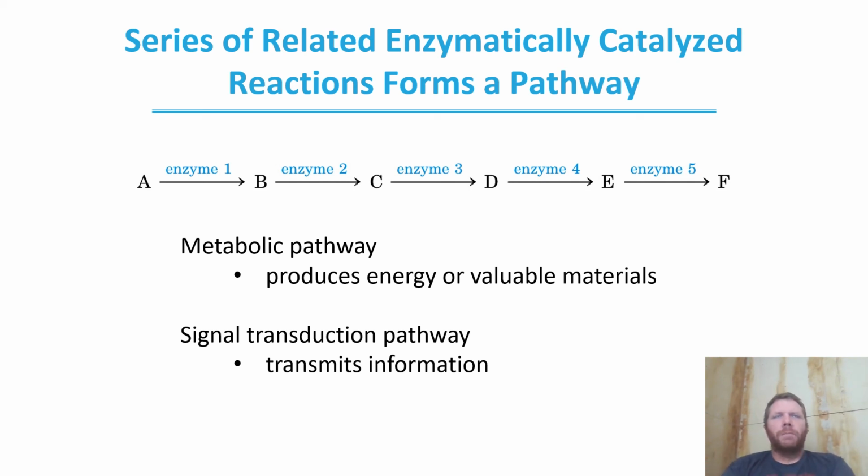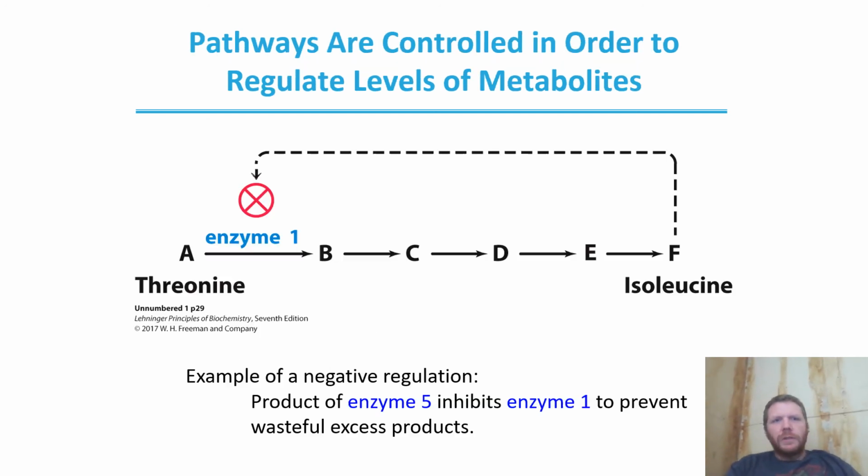I always think about a metabolic pathway as akin to an assembly line, whereas a signal transduction pathway is a little more like, if you were in elementary school and ever played the game telephone, where one person gets a piece of information, tells it to the next person, and then the last person relays that message. Unlike the game telephone, signal transduction pathways in living systems don't have this sort of deterioration and loss of the message along the way. So there's a fundamental difference.